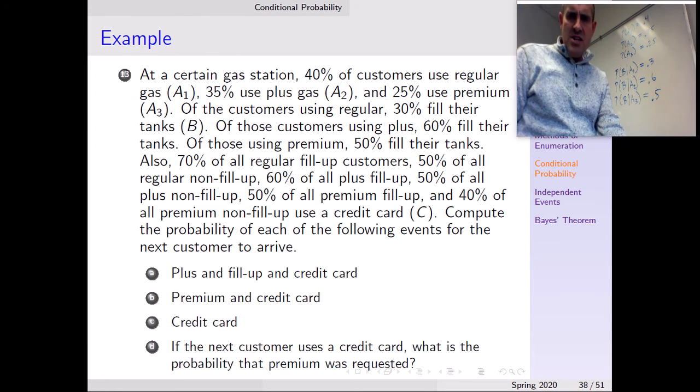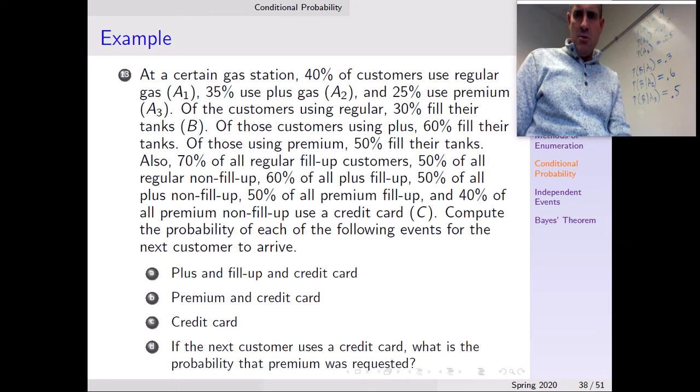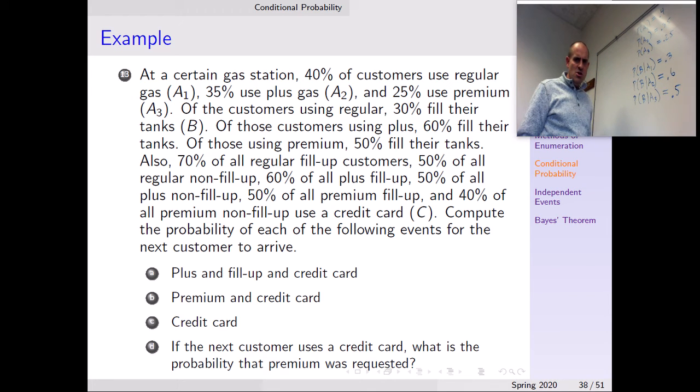And I want to say something here that I think is kind of important. What if I asked you for the probability that they don't fill their tanks, given that they're an A1 customer? Here's the picture. Here's the whole sample space of customers, and here are the A1 customers right here. These are the A2 customers, and of course these would be A3.